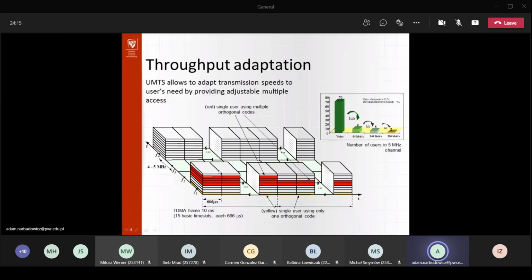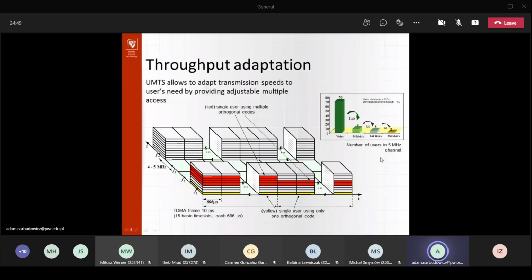So basically, a single user can use multiple orthogonal codes, as marked here by the red, or a single orthogonal code, depending on the needed amount of data that is being transmitted. So basically, the adaptivity and tailoring the throughput to individual need adds significant flexibility.